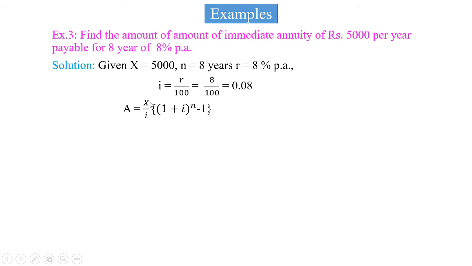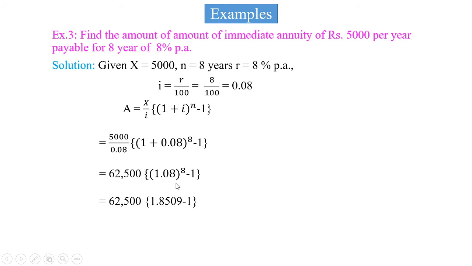A = X/I {(1 + I)^n - 1}. Putting these values in this formula, we get 5,000/0.08 {(1 + 0.08)^8 - 1}. After solving this, we get 62,500 {1.08^8 - 1}.